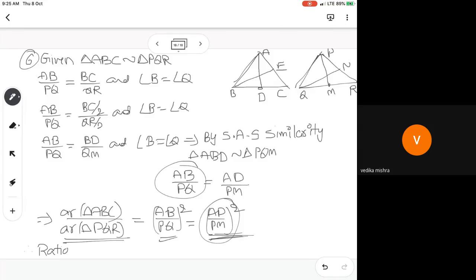Here that is what we have proved: AB by PQ equal to AD by PM. So in place of AB by PQ, we replaced AD by PM. So that becomes medians, corresponding medians. That's all. Okay? Did you understand?